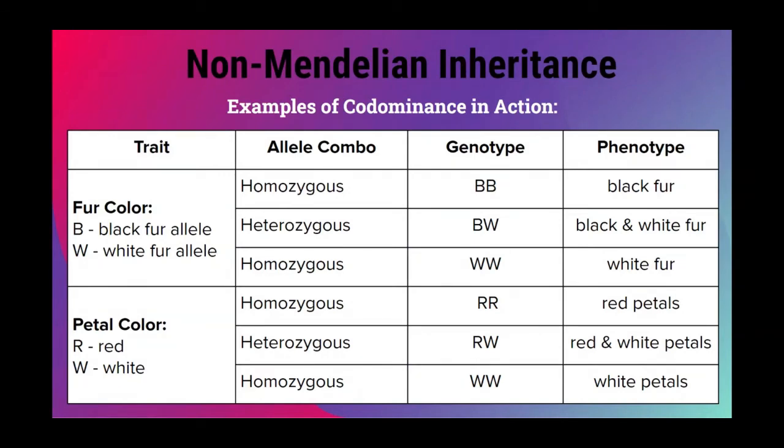So we just use the term homozygous, which means same letter, and heterozygous, which means different. Now, with the fur color, in this case, you have black fur for big B. B and W make black and white fur, and WW will make white fur. In petal color, this will be RR, red petals, RW, red and white petals, and WW, which will be white petals.